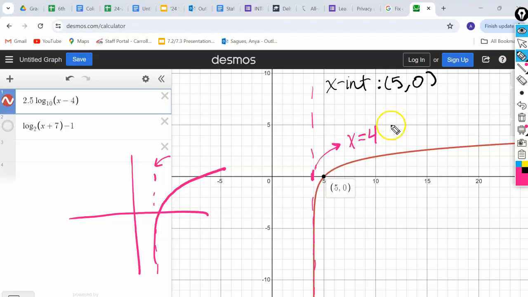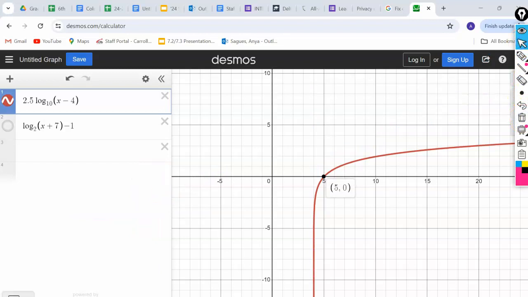Okay, that is my asymptote. So remember, an asymptote is that line that the graph looks like it's on top of. Write that down somewhere, please. Okay, there will be a question that asks you specifically about what even is an asymptote. And so you need to be able to recognize what an asymptote is. All right, going to the next graph.